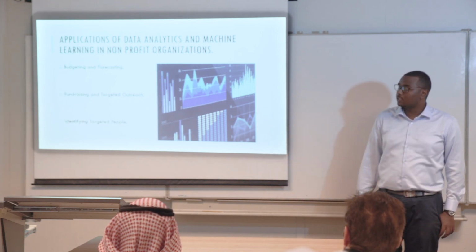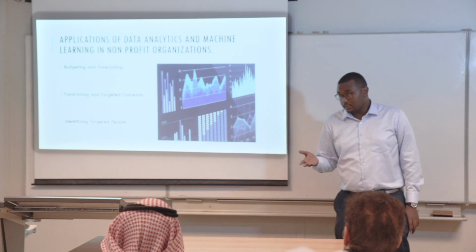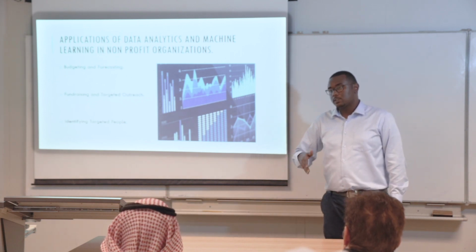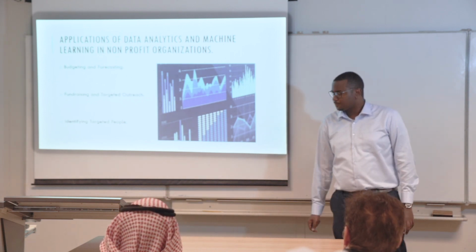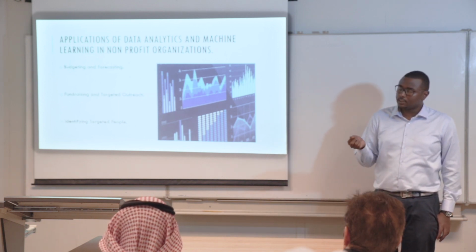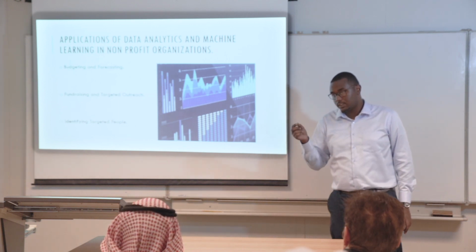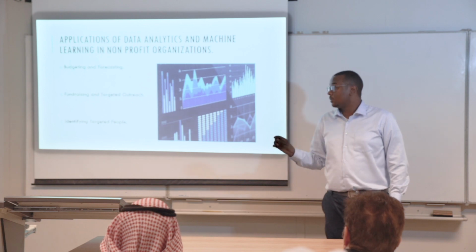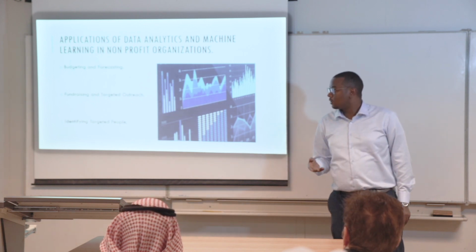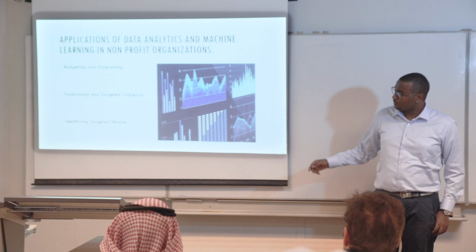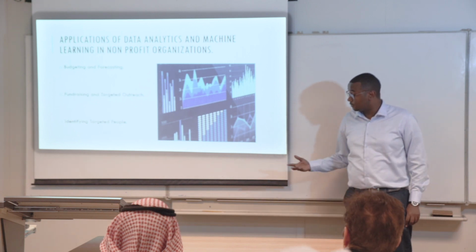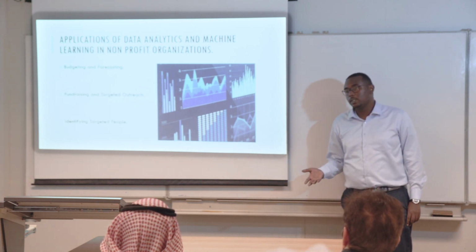Also fundraising and targeted outreach. Fundraising is the main resource for most non-profit organizations. By choosing the right donors, we can limit the cost of this process. We also use machine learning to define the targeted people.